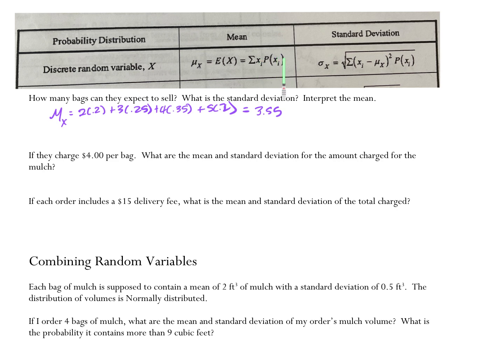This is technically on the formula sheet. This is the outcome, this is the probability of that outcome, and that sigma means you add them all together. I feel like this is a relatively familiar thing.